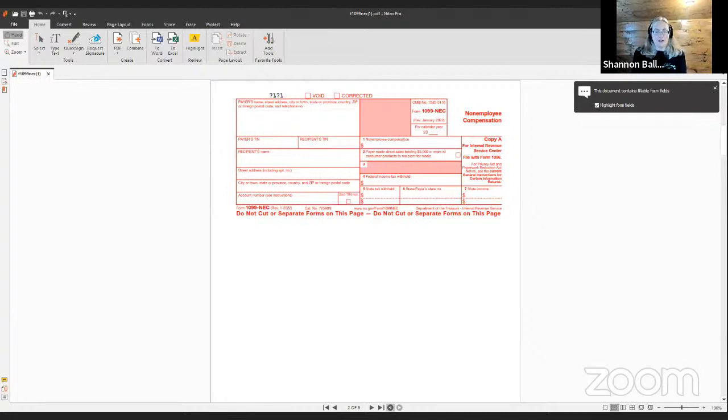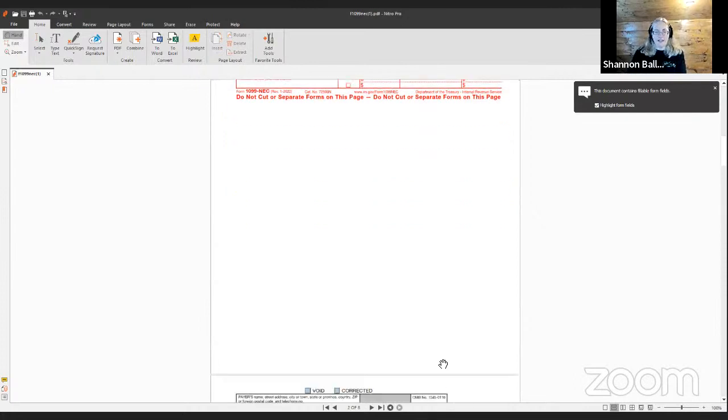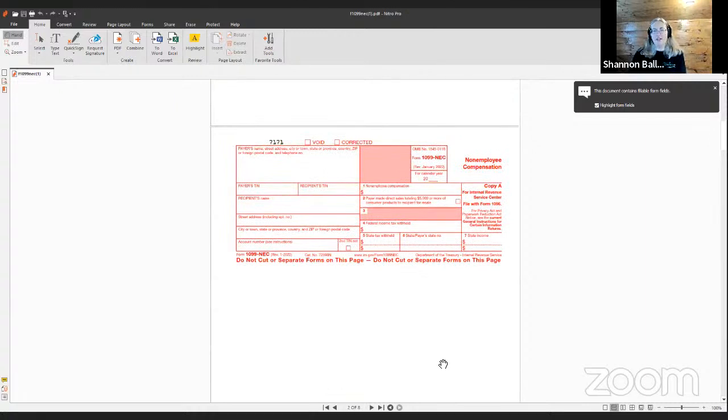You'll notice that the 1099 NEC is now a third of the page, so they are not going to fit into the regular 1099 envelopes that everybody purchased last year, because the form was the same size as the 1099 miscellaneous last year. In this section, we put in the payer's name, street, city, basically their name and address.